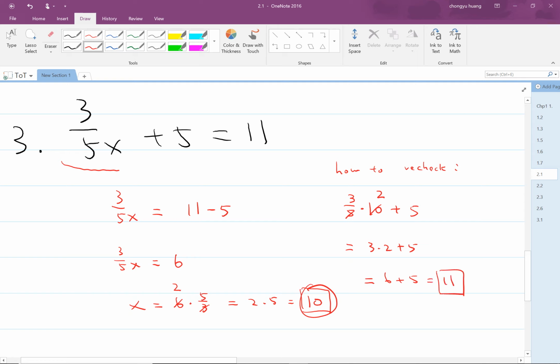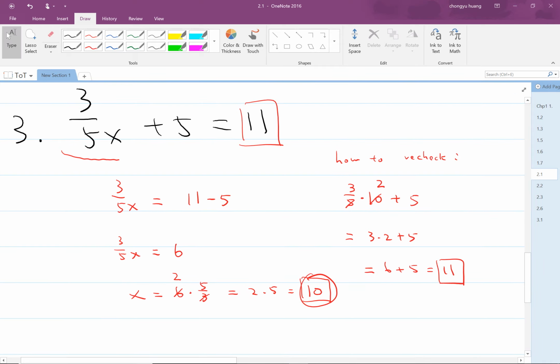So that's exactly the number, it's equal, so you know you get the right x and you actually solved the problem. So you just leave x equals 10 as it is, okay?